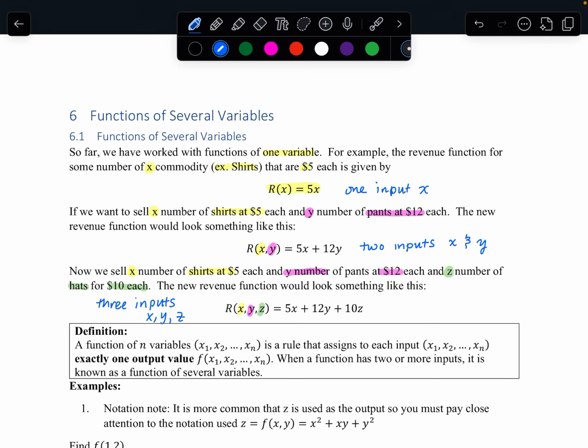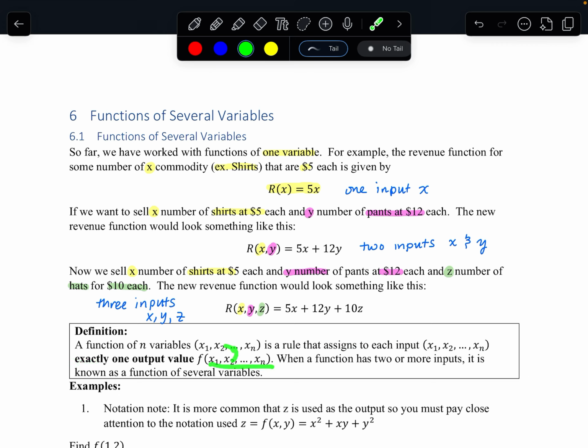And so for our multivariable, several variable functions, here's a definition. We can have some number of variables, call it n: 1, 2, 3, 4, 5, all the way up to the nth variable. It is a rule that assigns each input, now we have multiple, to exactly one output, which are the ones we will be focusing on.